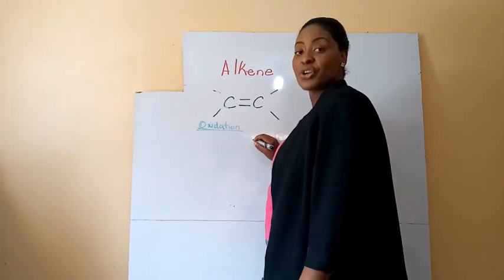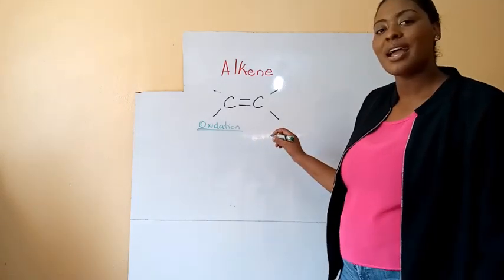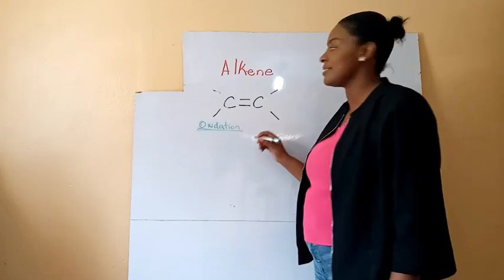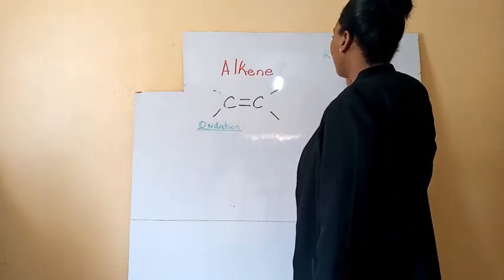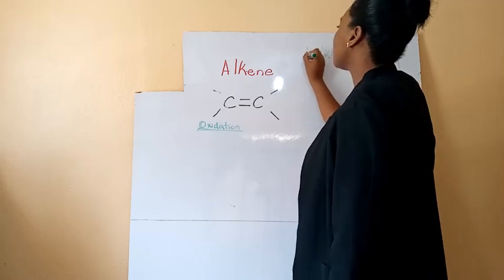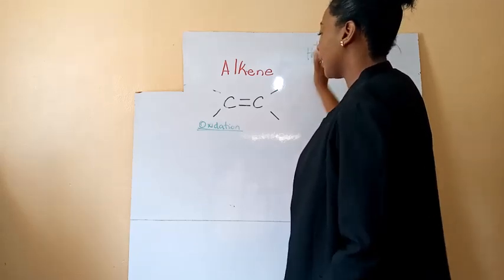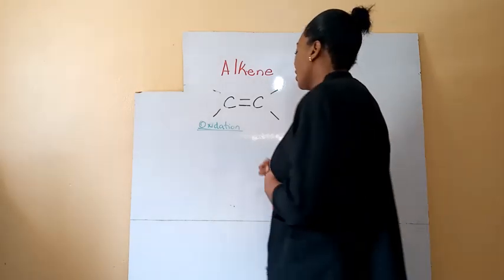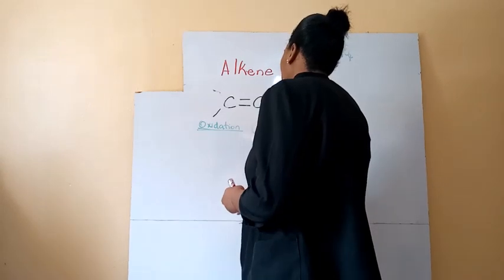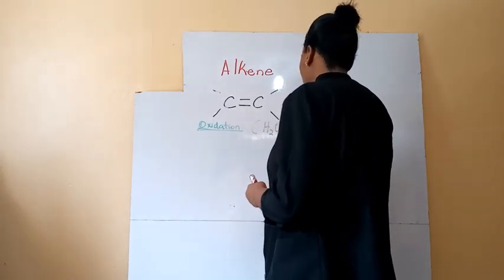So the next reaction we're going to be looking at is oxidation. In oxidation, we are going to use an oxidizing agent, which is KMnO4, acidified potassium permanganate. In oxidation, this is the reagent that we use. The reagent that we're using is H2O plus a free oxygen.